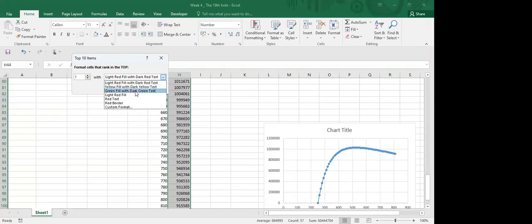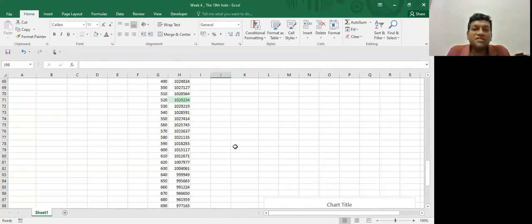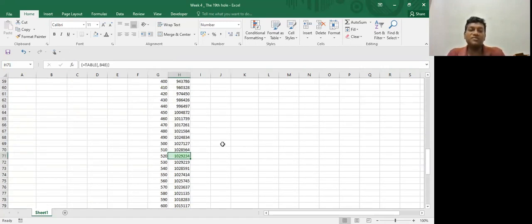So we can even use the max function. But you will appreciate that, looking at this visually, you can see this is the value, so if you set the price at 520, you actually maximize your profit. Of course, you can use the max function and pick it up, but this is more visual and it just hits you.